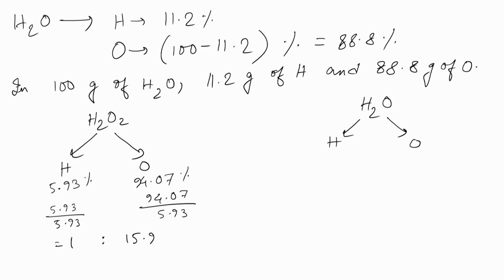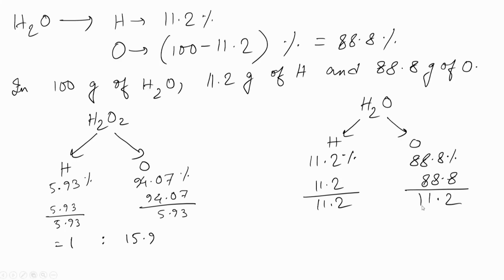And in this case, the ratio is 11.2 and 88.8. So, again we will divide with the smallest number and the result comes as 1 is to 7.9. So, now we have 1 as the common factor.